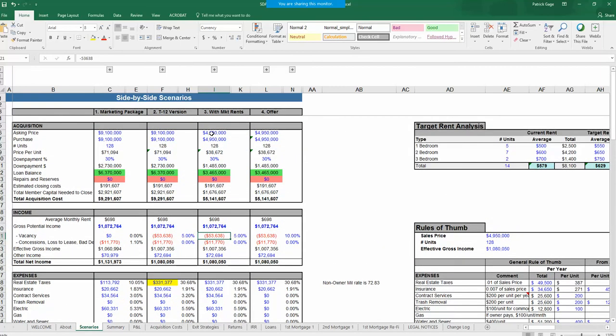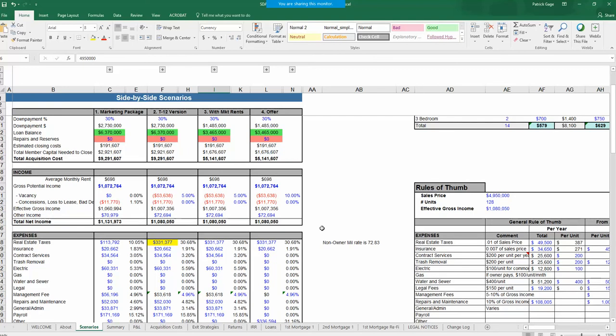So what I've done is kind of said, okay, 9.1 doesn't work, 4.9 doesn't work, and again we're still with the same lingering question. We've got a huge disparity, or a difference, in what they're asking to what we think we can get it financed for. So again, at this point I would just say, hey, Mr.